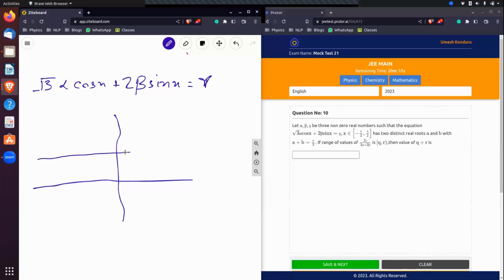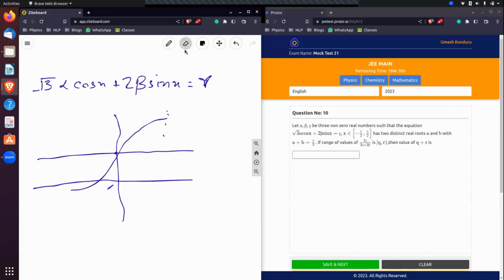So at x equals 0, it would be this, and at minus pi by 2, you take up minus 2 beta. So maybe something of this sort. It looks between 0 and pi by 2, it takes on 2 beta.